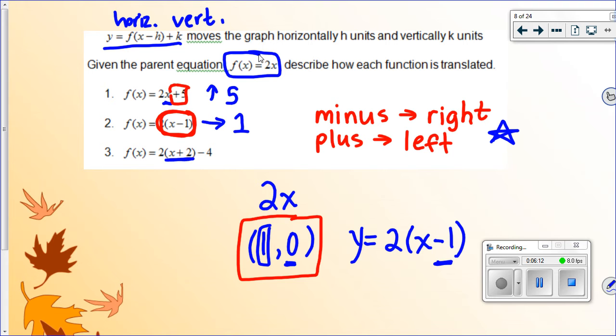Now that's a positive 2, it's a plus 2. So what am I going to do? That means, again, the opposite of what you think. I'm translating to the left 2, right? Now I have this minus 4, so there's my k value. That's going to be my vertical translation, or along the y-axis. And that's what we would think. It's minus 4, so it's a translation down 4.